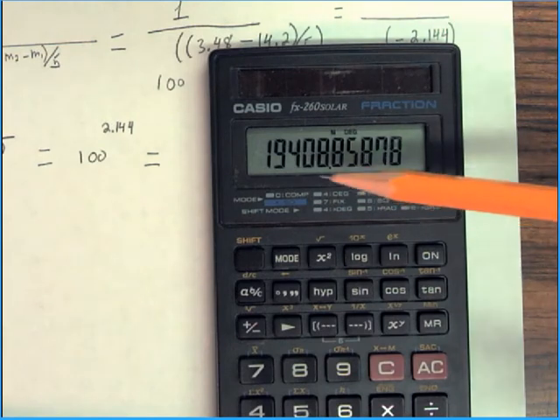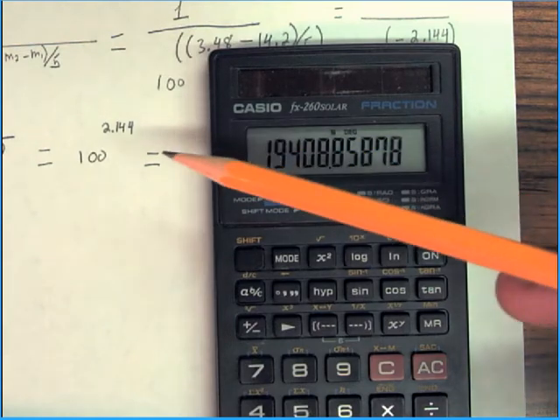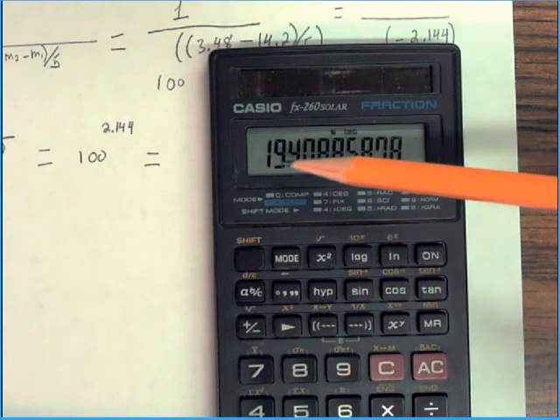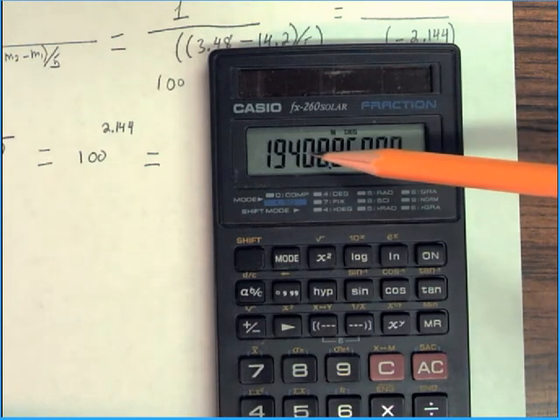And what do I get? I get 19408.8. Okay. And I'm only given this to 3 significant digits the most, really 2 from what we read. So I'm just going to chop it off right here. I'm going to say 19000 because this 4 is less than 5.